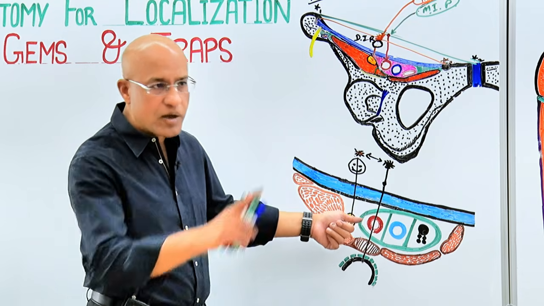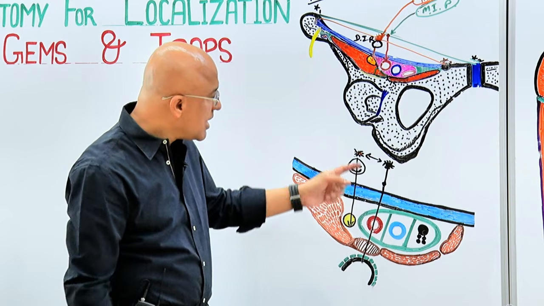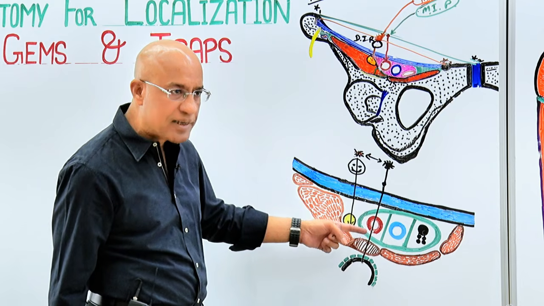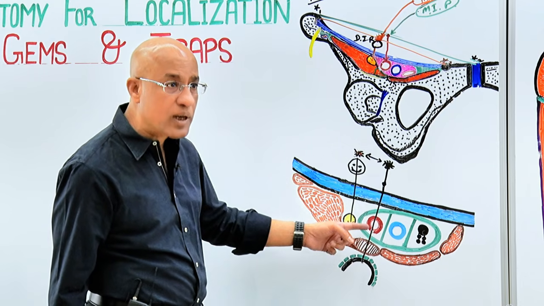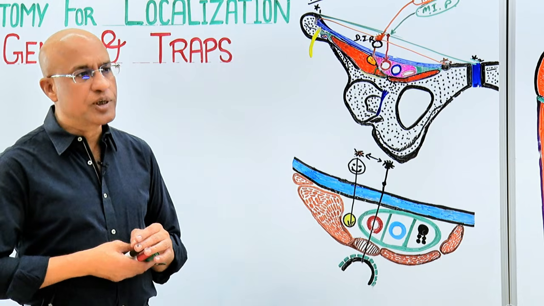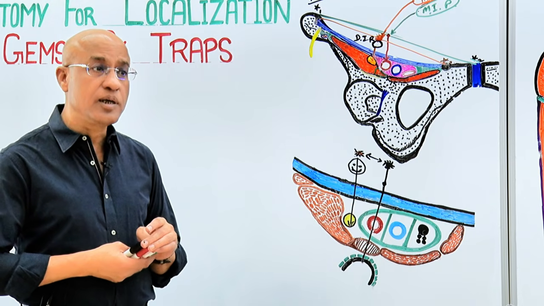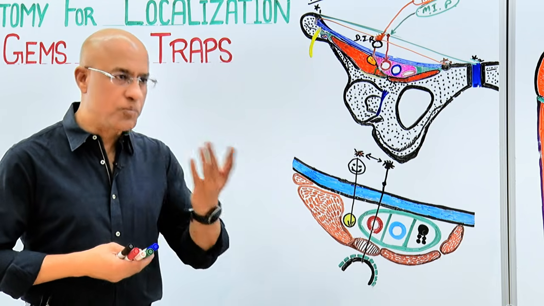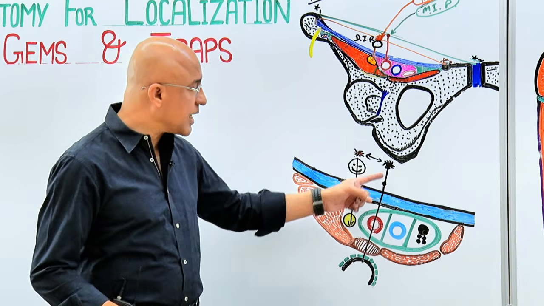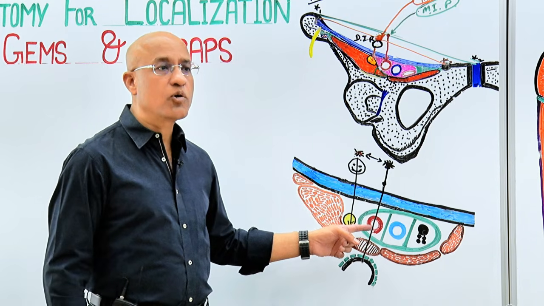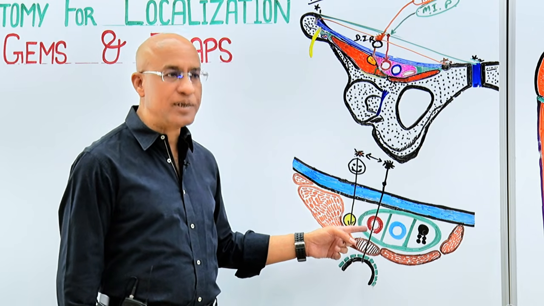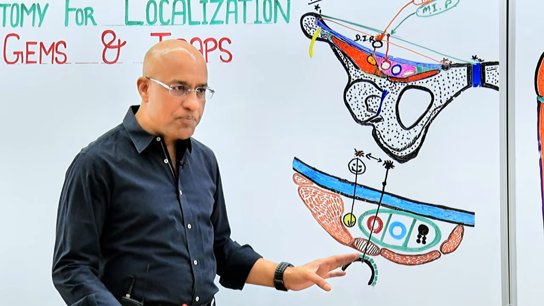Compress it against, remember, the head of the femur. You can use it for arterial blood gas sampling, or use this localization for different radiological or interventional cardiology related procedures, different endovascular procedures. You can even put a catheter here for continuous blood pressure monitoring, right? Here we stop.